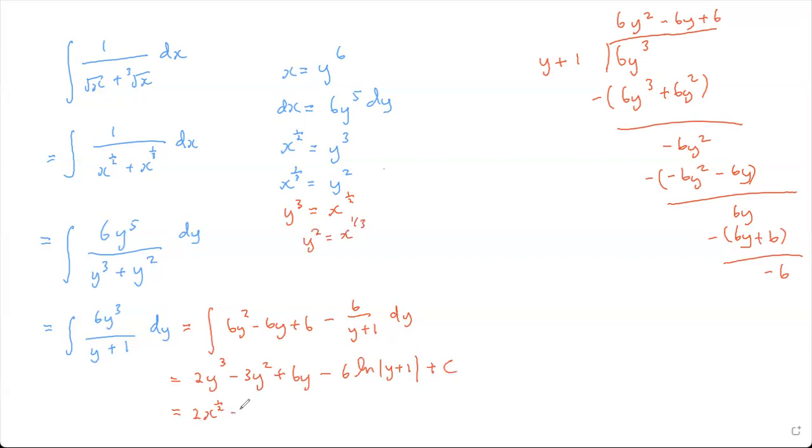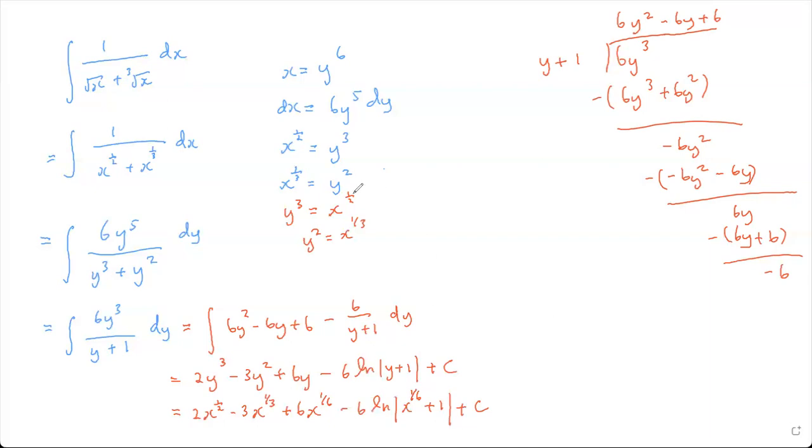So this is negative 3x to the power of 1/3. What about y? y is x to the power of 1/6. So 6 times x to the power of 1/6, minus 6 ln of x to the power of 1/6 plus 1, plus c. This would be our final form, so I'll call that my answer.